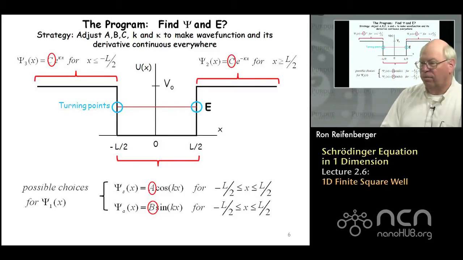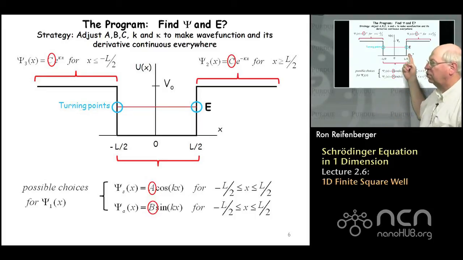The wave function psi2, which describes the de Broglie behavior of that particle when x is greater than L by 2, is going to be a constant c, and it's going to decay exponentially as e to the minus kappa x, right? And that implies that as x gets larger and larger, this wave function goes to 0, which is something that we really insist on all these problems having.